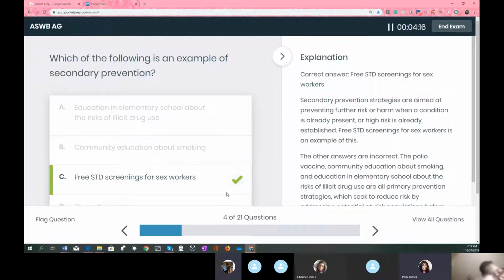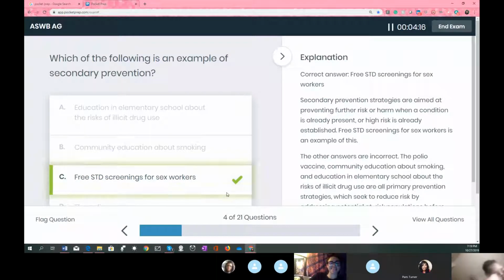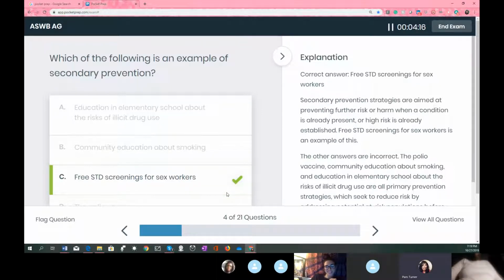I feel like it's because it doesn't necessarily mean that they have sexually transmitted diseases, but they are more at risk for it. So it's like addressing a problem that is likely to happen, but hasn't yet. I don't know if that's a good explanation. Okay. And you can see the explanation. Secondary prevention strategies are aimed at preventing further risk or harm when a condition is already present. So further is making, they're already sex workers.